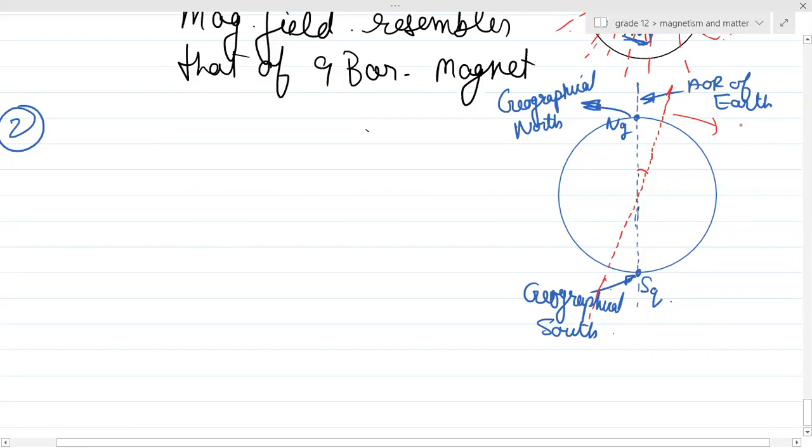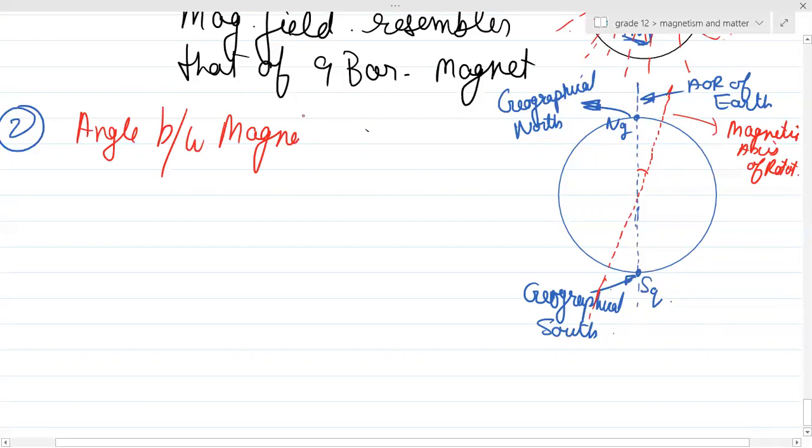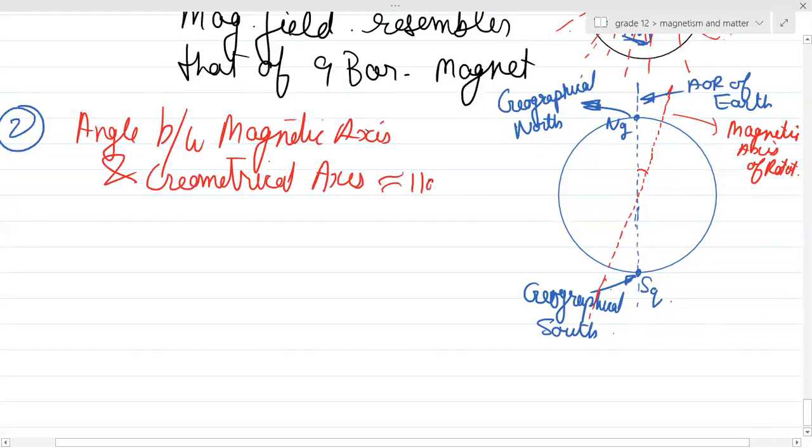But this, what is this basically? The magnetic axis of rotation. Yes or no? What is the angle between them? Approximately 11. Angle between magnetic axis and geometrical axis is approximately 11 degrees.